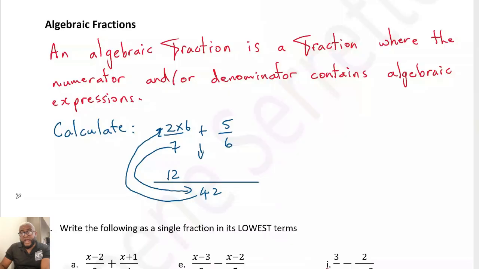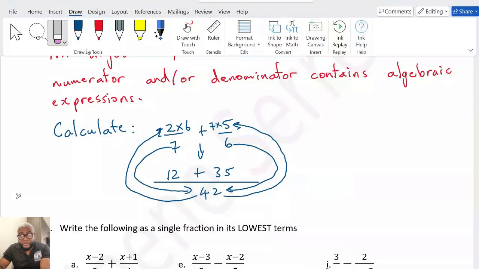Okay? Then you bring down the add. 6 into 42 would be 7. You take that 7 now and multiply it by the numerator here. So it'll be 7 multiplied by 5, which will give me 35. All right? I'm going to erase these arrows now.